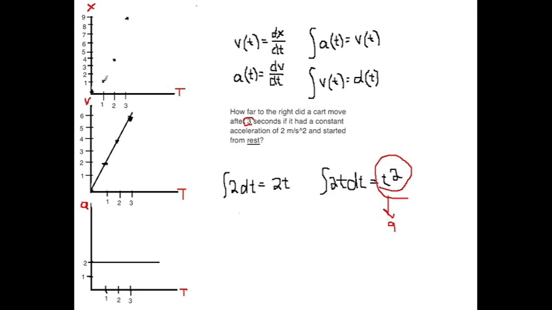And if you draw a line between all these, you get a parabolic graph, which makes sense because it's the graph of t squared, and that's the graph of how far the cart was moving. So as you can see, if the acceleration is constant, the velocity will increase in a linear way, and the distance will be quadratic.